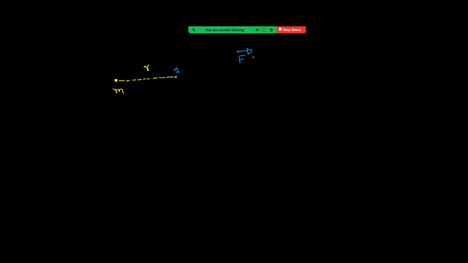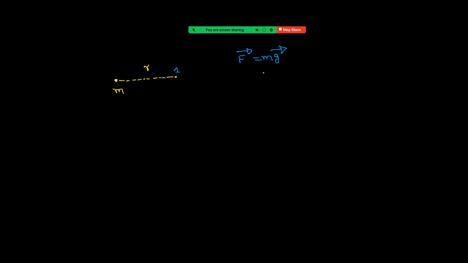F bar equal to m into g bar. If mass is 1 unit, then force is equal to g bar. Or you can say g bar equal to force. Because we know how to calculate a force by using Newton's universal law of gravitation. Okay. So here we are calculating the force by this point mass on this unit mass.